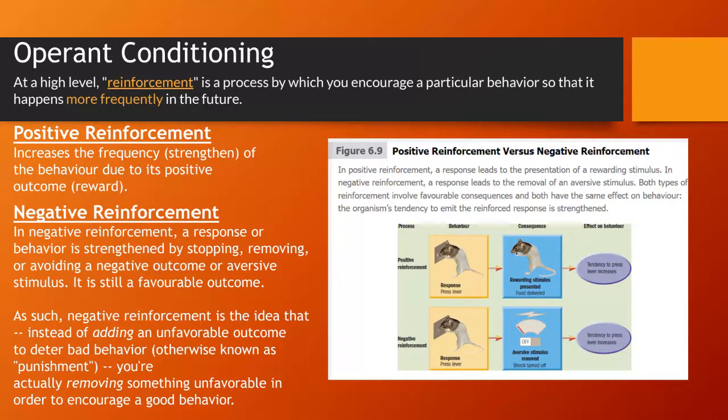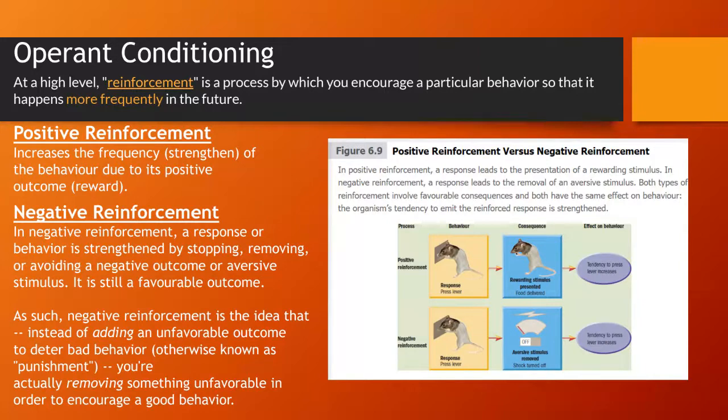So in the little picture, negative reinforcement is the idea that instead of adding an unfavorable outcome to deter bad behavior, or a punishment, you're actually removing something unfavorable in order to encourage good behavior. In positive reinforcement, a response leads to the presentation of a rewarding stimulus. We know that.